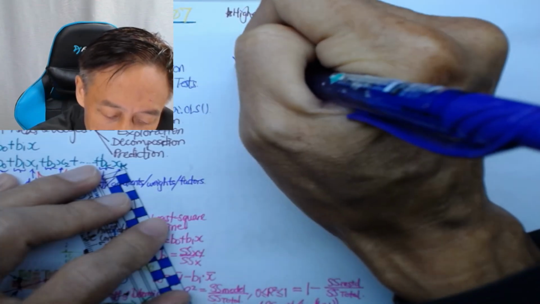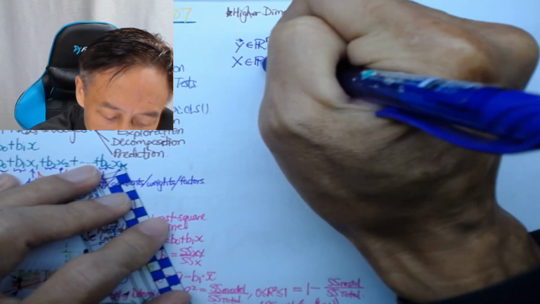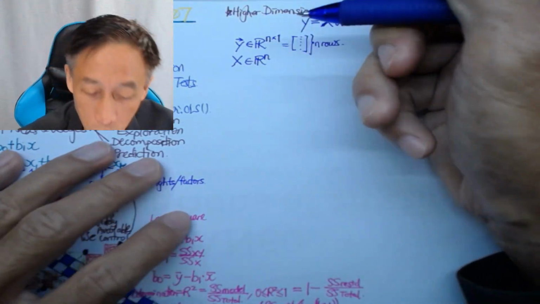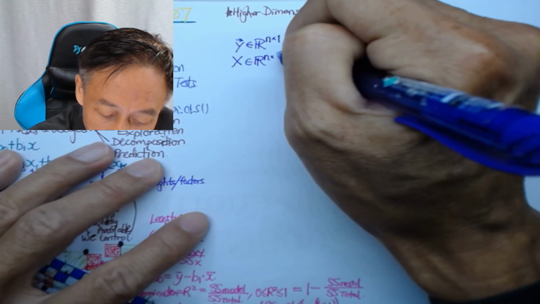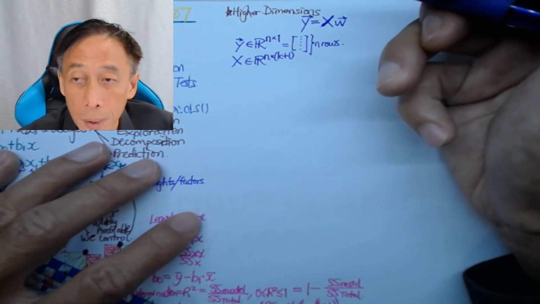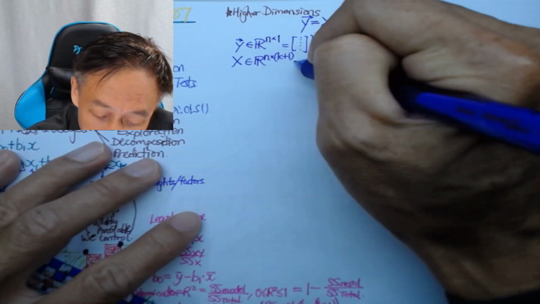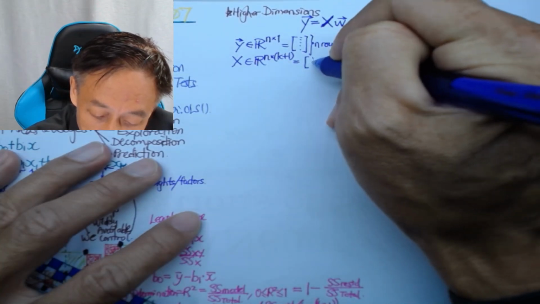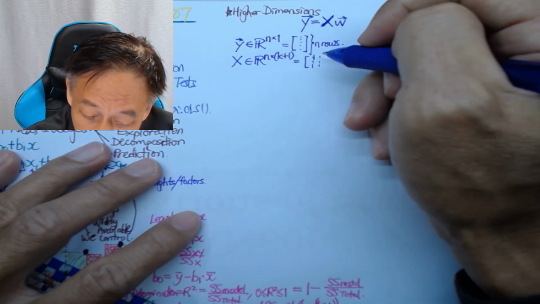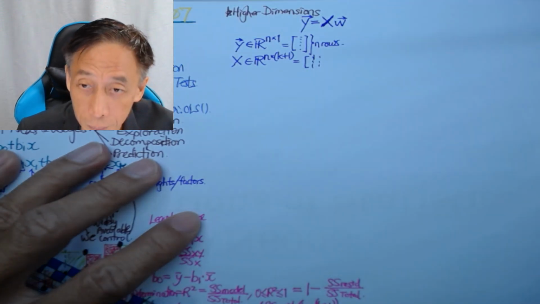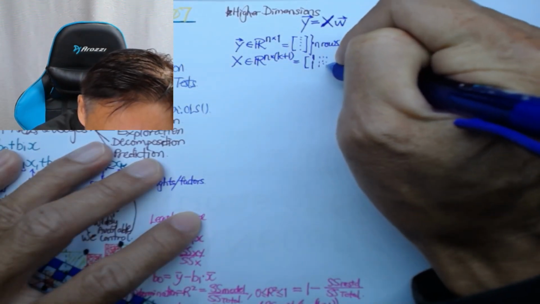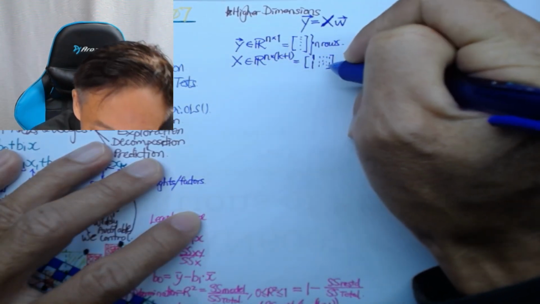So X is a matrix. It is n rows, rows will be the samples, by k plus 1 columns, right? So it will be this, or rather one, and then followed by other data, x1, x2, x3.